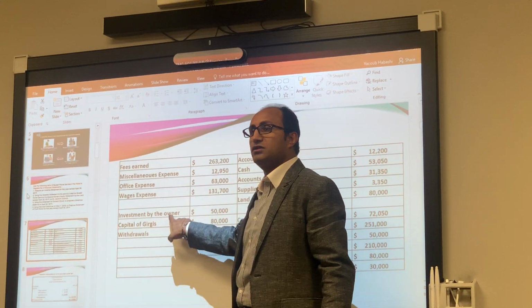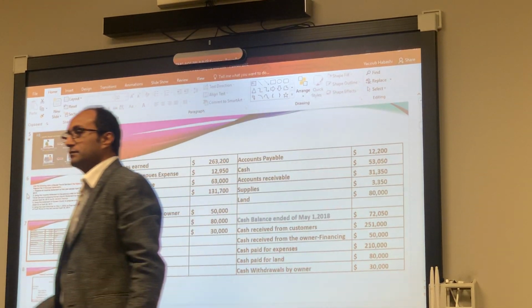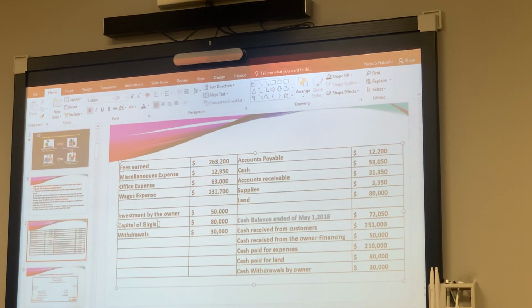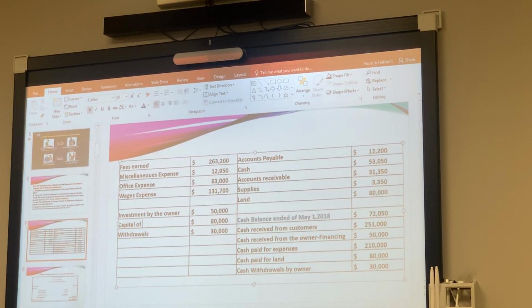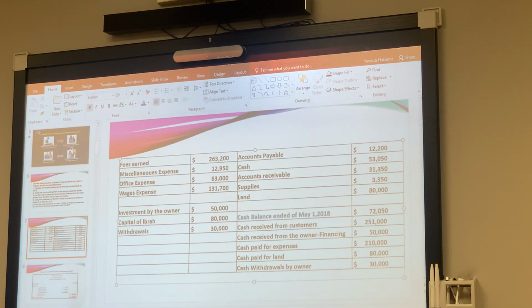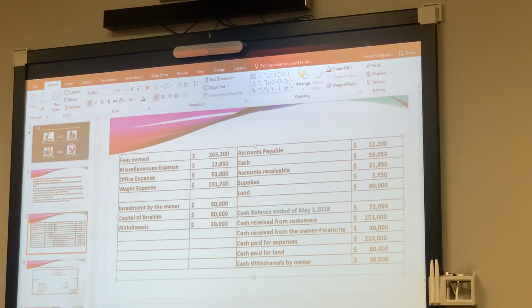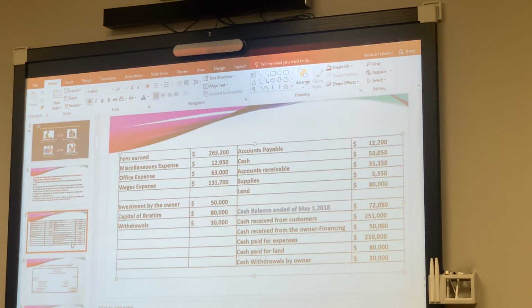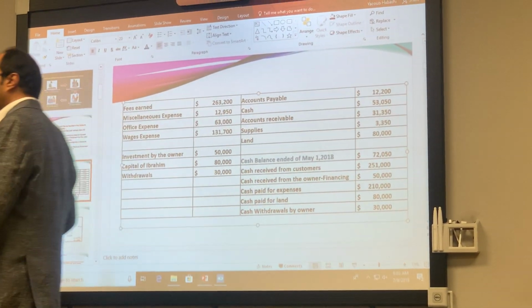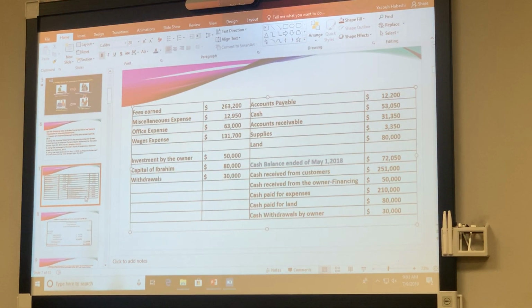This data, where will we use this data? Owner's equity. So why did you tell me owner's equity? Why would you use this data for owner's equity? Can you tell me?